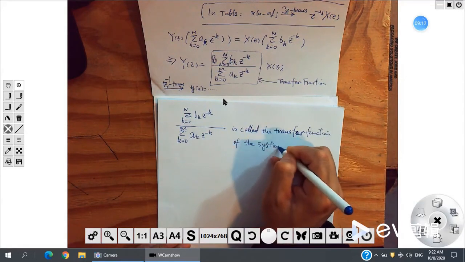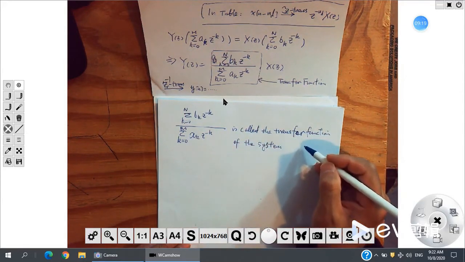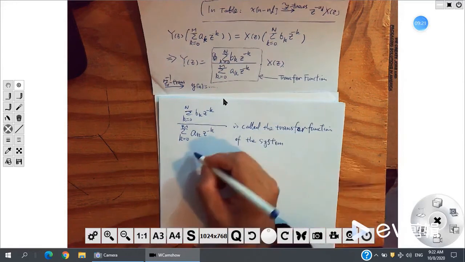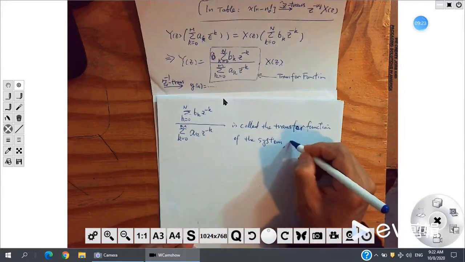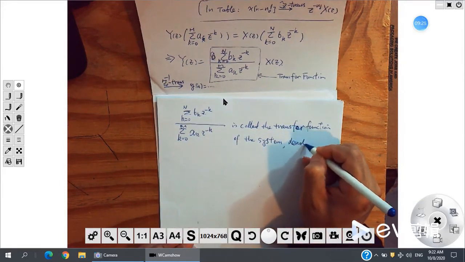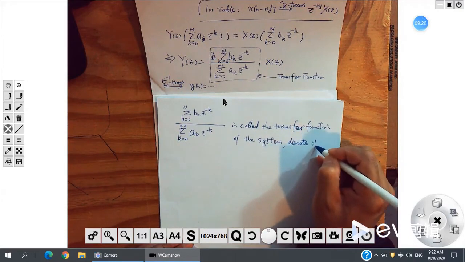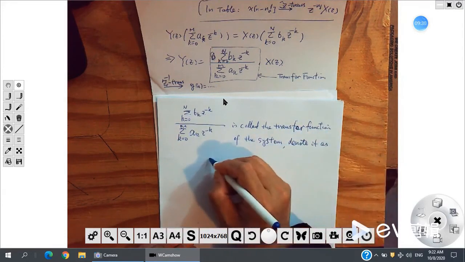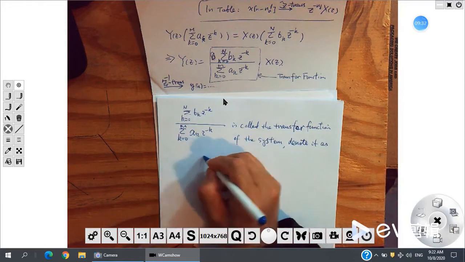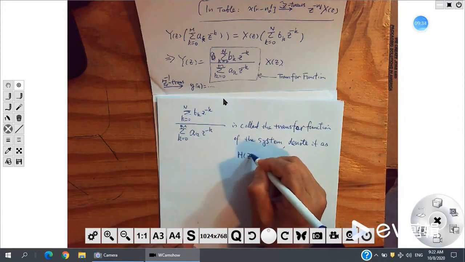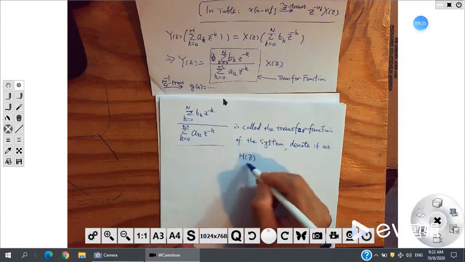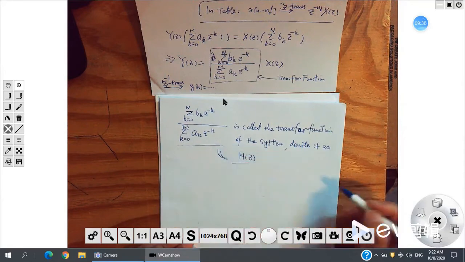Sometimes people call it just the system function, and denote it as H of z. The H of z is just this one.